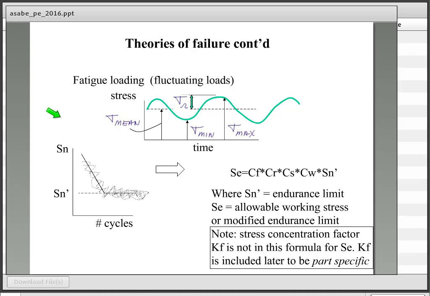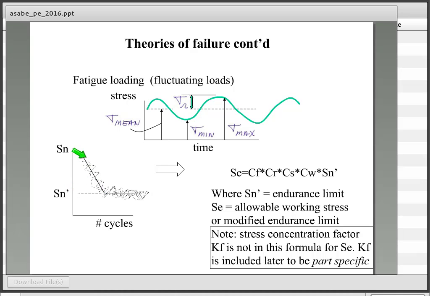And if we were to take an idealized specimen of material and load it to a certain stress level and then cycle it a certain number of cycles, we'll get failure. We'll get failure after a certain number of cycles if the stress is greater than what we call the endurance limit.